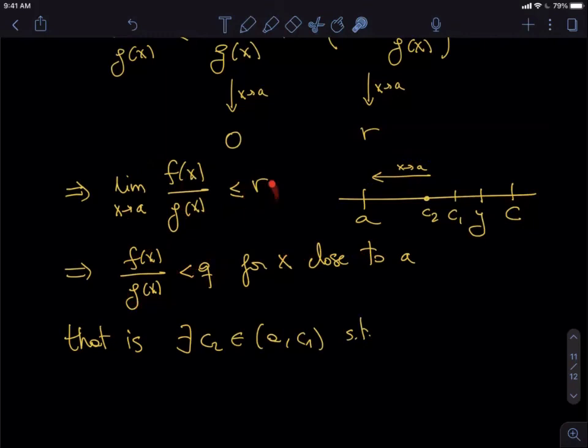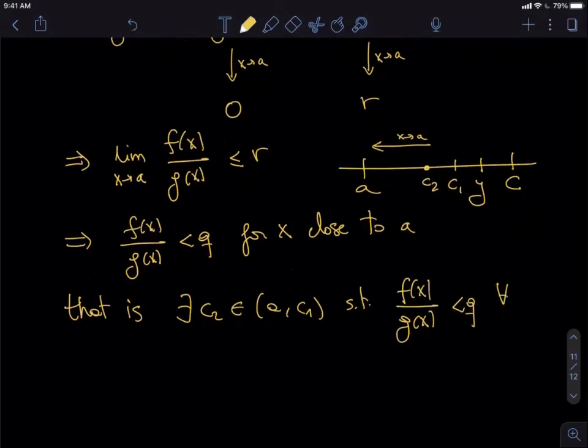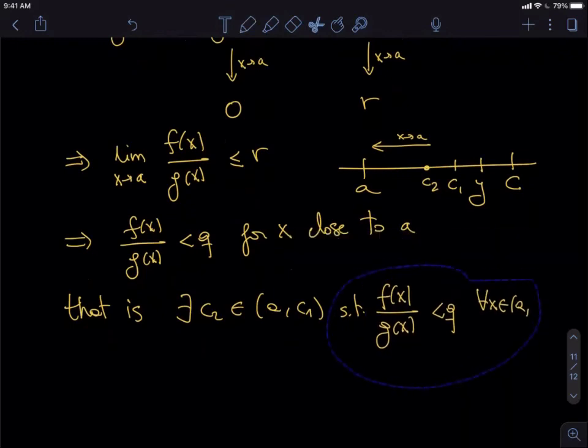Because it has to reach R, which is strictly smaller than Q. So such that f of x divided by g of x less than Q for all x in A C2. Let's create some space here.